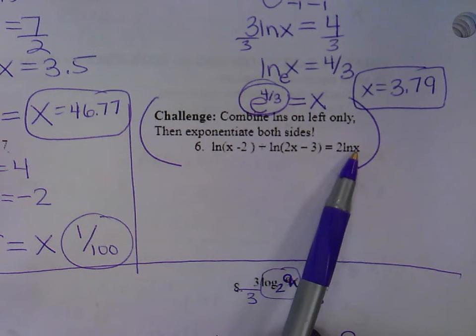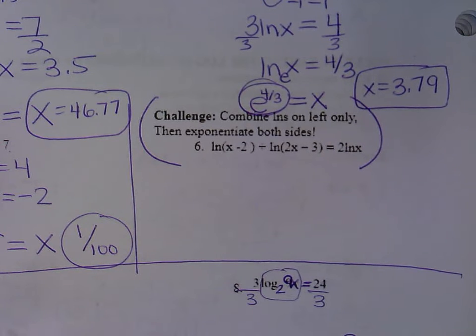If you have two natural logs equal to each other, it's kind of like the one-to-one property for exponents. Whatever I have up here has to be equal to whatever I have up here, right? So the same thing is true for logs. If you have a natural log of something equal to another natural log of something, all you care about is making these two things equal to each other, and you can get rid of the natural log.